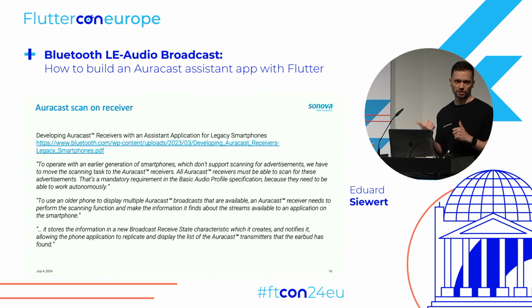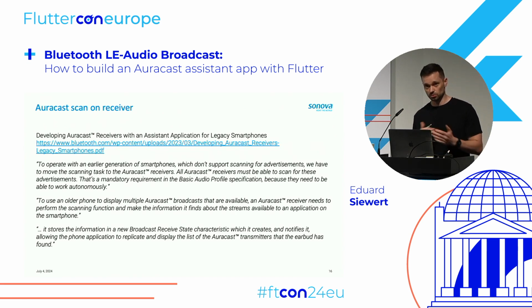So this is exactly what we're looking for. The receiver can do the scan for us and then just add these sources to its receive states, and then we can read these receive states, show them to the user, and let the user make the selection. We only provide back to the receiver the information of which of these sources the user has selected.